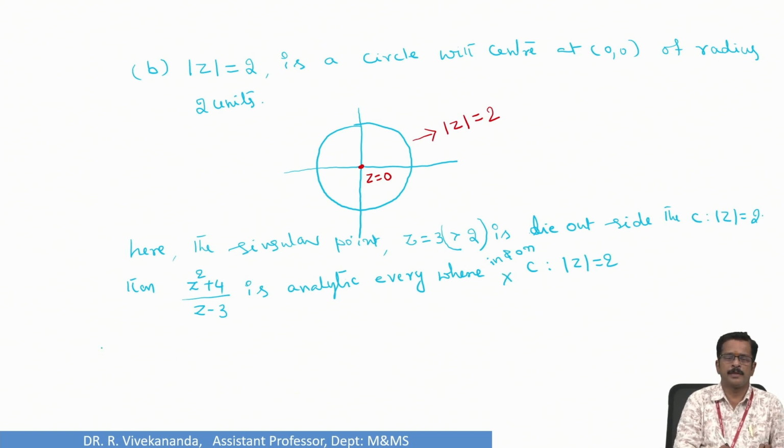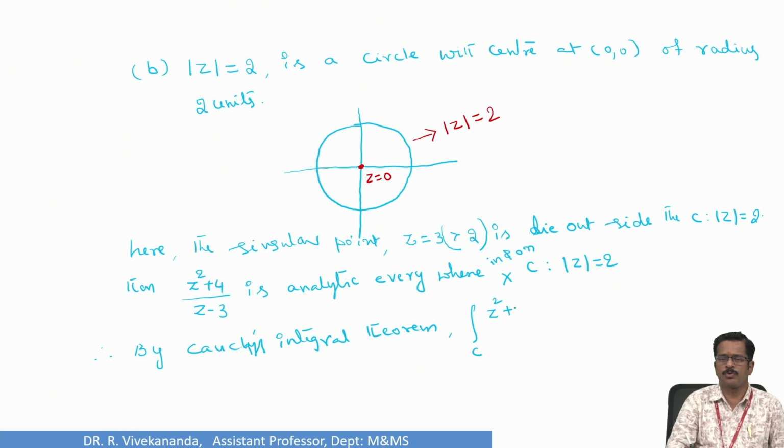Therefore by Cauchy's integral theorem, the integration over C of (z square plus 4) by (z minus 3) dz is going to be 0.